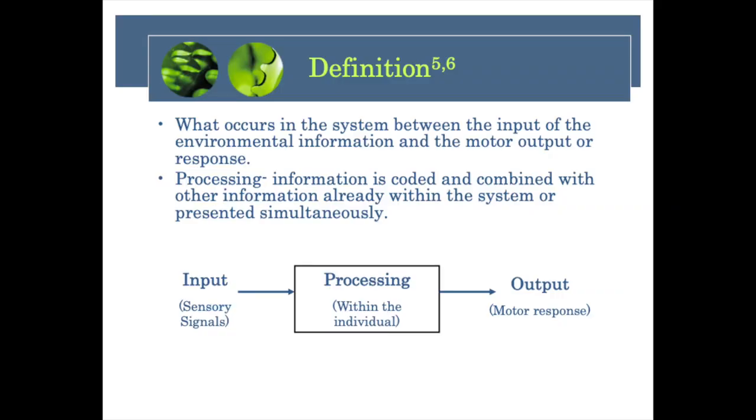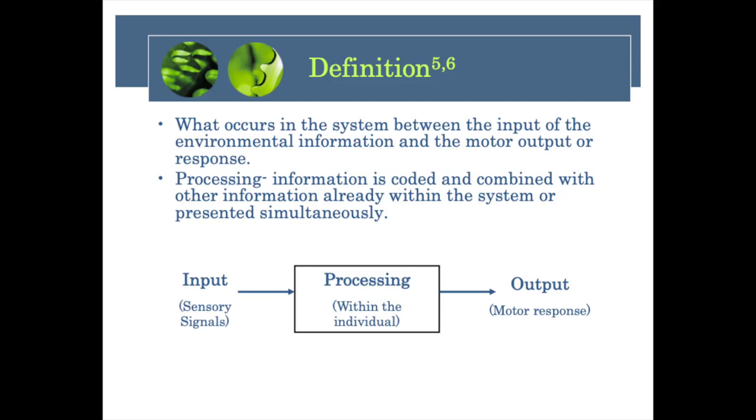All right, so let's start out with the definition of information processing. The definition is actually an examination of what's occurring in the system itself between when you receive information from the environment. So receiving any input can be sensory information, visual information, olfactory information, any information that's coming into the system.